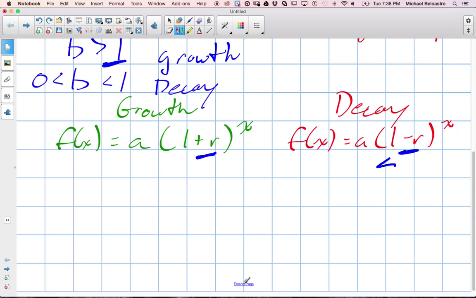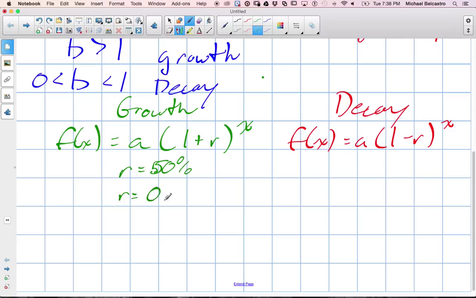So let's say we're growing by 50%. Well, that means the r value is 50%. So you have to convert our 50% to a decimal. You would divide it by 100 and it would give you 0.5.